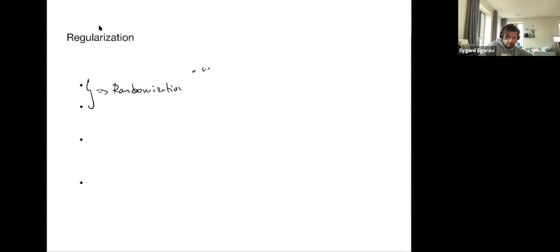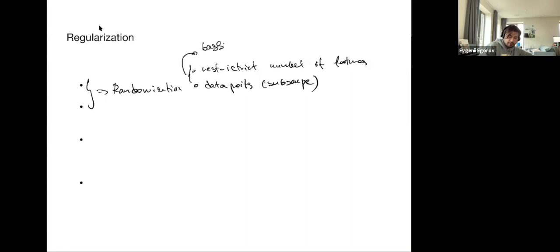We can restrict the number of features for each base learner. Also, we can restrict the number of data points, so we use a subsample. And these are the same rules as for bagging.